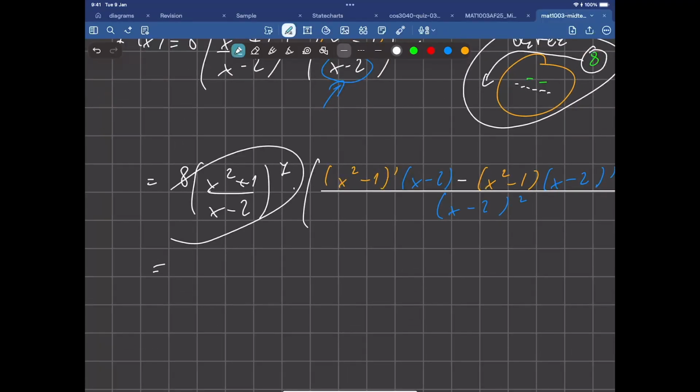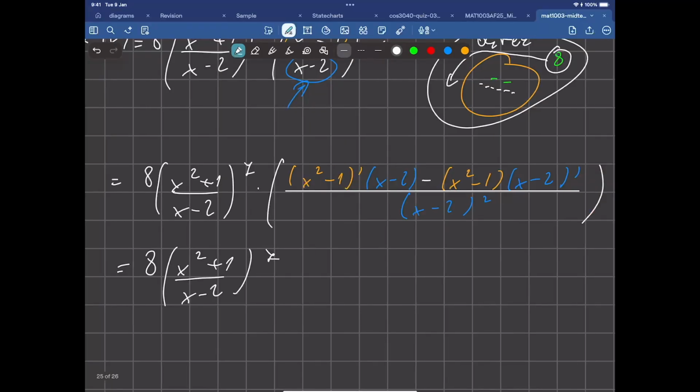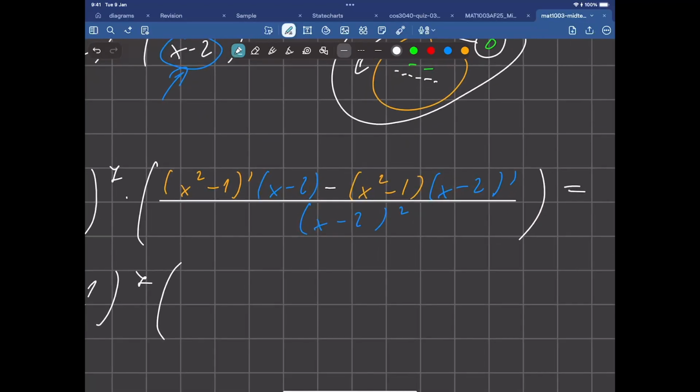Okay, so this I keep copying. I have 8 times (x squared plus 1 over x minus 2) to the power of 7. And now here, from now on, I'll be a little bit faster with calculating the more simple derivatives. So I won't be explaining in detail, push the exponent down, then subtract 1 from the new exponent, because I already explained this multiple times and I don't want to bore you.